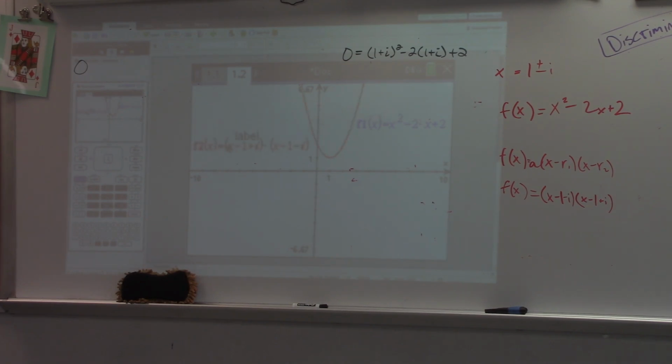Now, one thing I'm going to caution you is we got a little lucky with this one. What we really should have done is x minus 1 plus i times x minus 1 minus i.